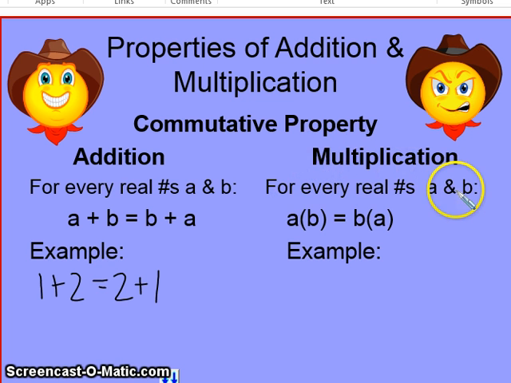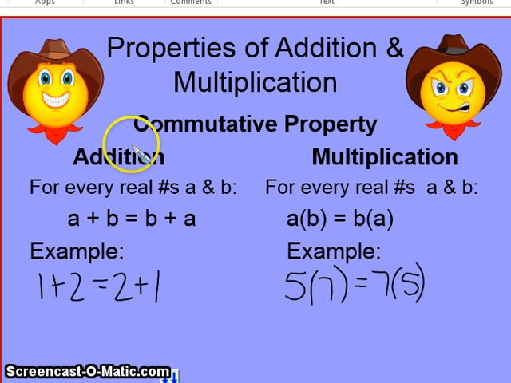For multiplication, the commutative property says that for every real numbers a and b, a times b is the same as b times a. So if I pick two real numbers, say 5 and 7, I can say that 5 times 7 is equal to 7 times 5.